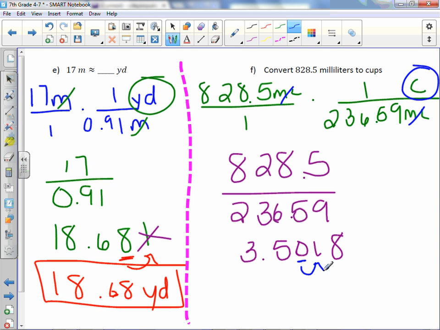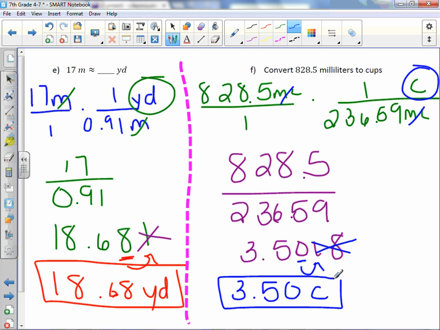Find your place. Look next door. 5 or greater, add one more. 4 or below, let it go. So it remains 3.50. Yes, you need to keep the 0. Cups. Because it said to round to the nearest hundredths place, the 0 is in the hundredths place, which means we have to leave it there.